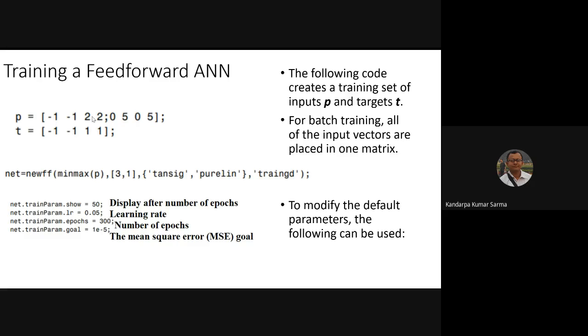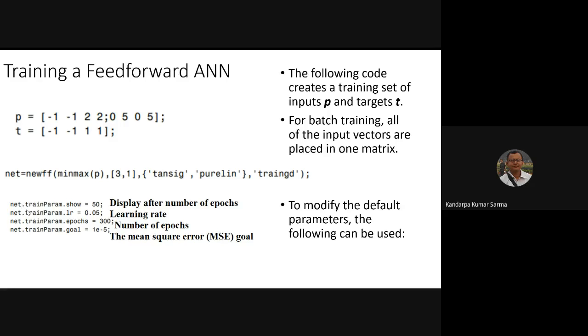The minmax function will give the minimum and maximum value ranges for this particular vector. Then 3 and 1 will be the number of neurons in the middle and the back end layers of the network. And tansig and purelin we are familiar with.